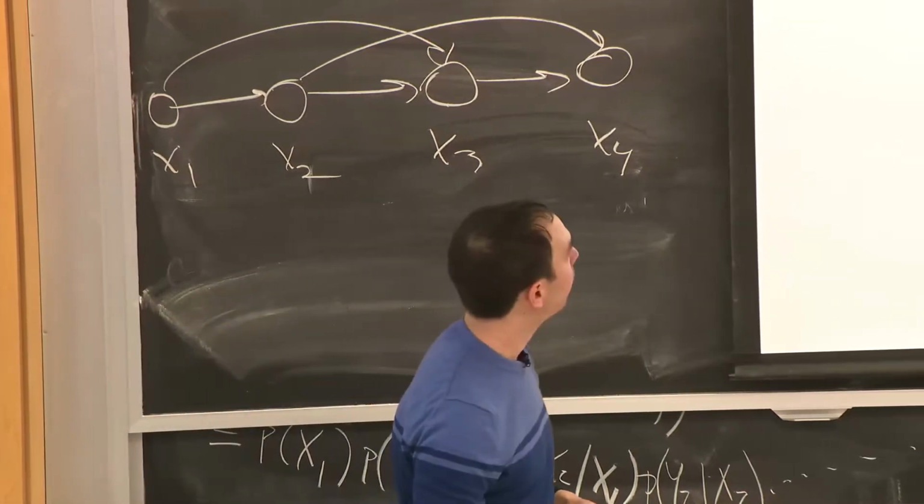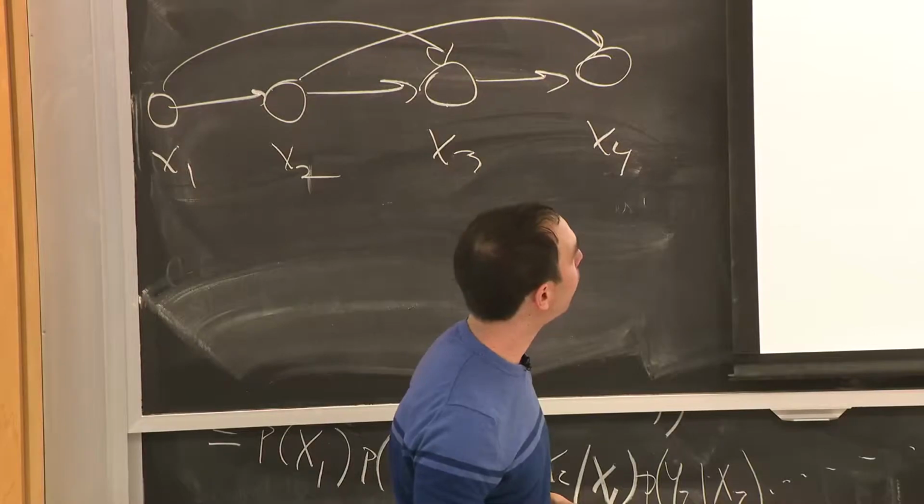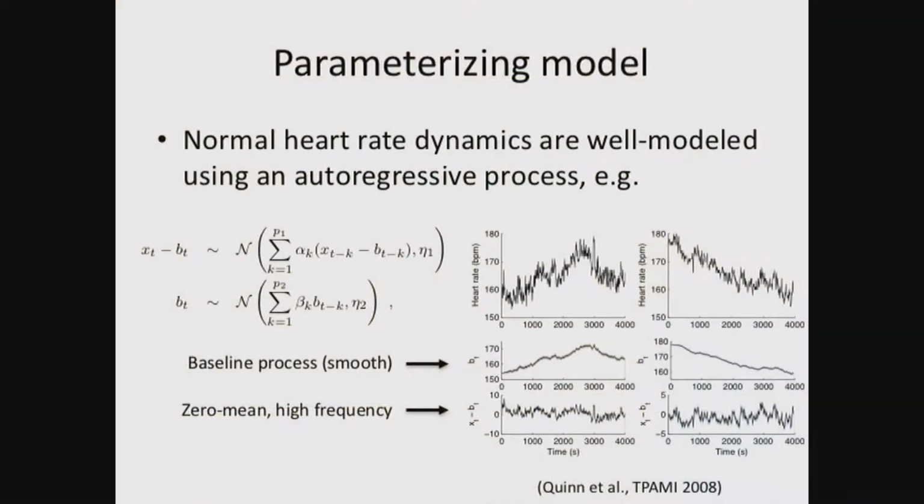And so you would model BT by this process, and you would probably be averaging over a large number of previous time steps to get this smooth property. And then you model xt minus bt by this autoregressive process, where you might, for example, just be looking at just the previous couple of time steps, and you recognize that you're just doing much more random fluctuations.